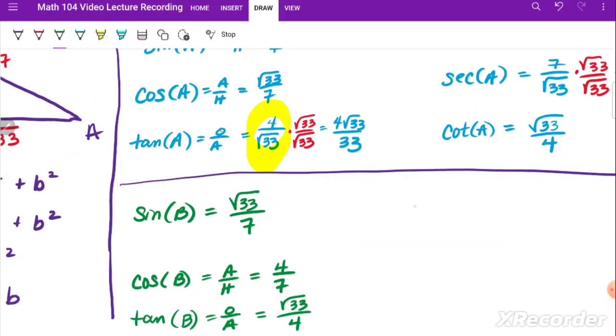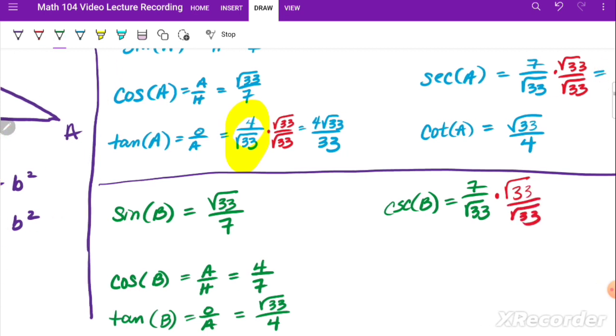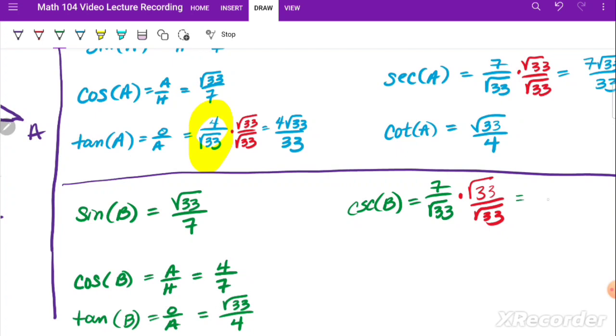And then we'll do our reciprocals. Cosecant of angle B, that'll be 7 over the square root of 33, which we'll rationalize. That's 7 square root of 33 over 33. Secant of angle B, it'll be 7 over 4.